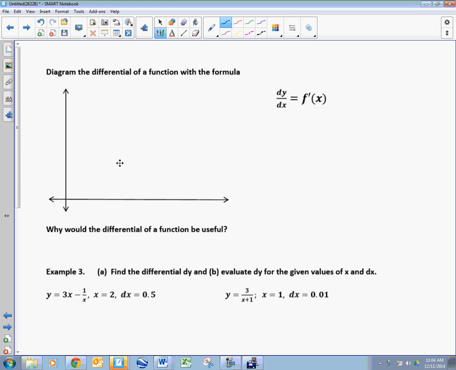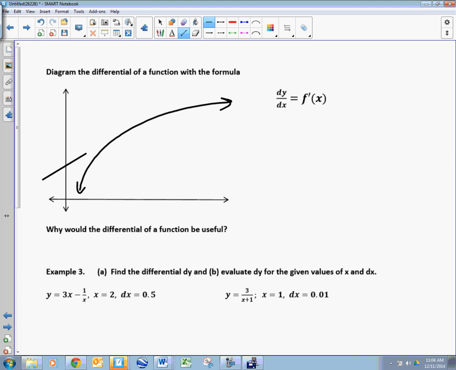Okay, so Monday we talked about linear approximations. Today we talked about differentials. So I'm going to draw a gentle curve, and I'm going to draw a tangent line to that curve.